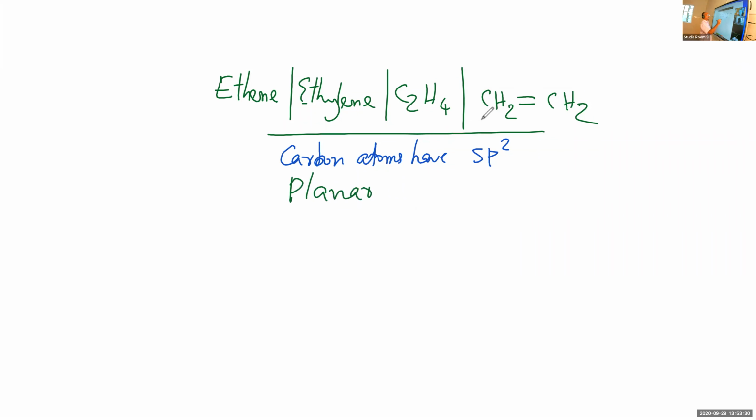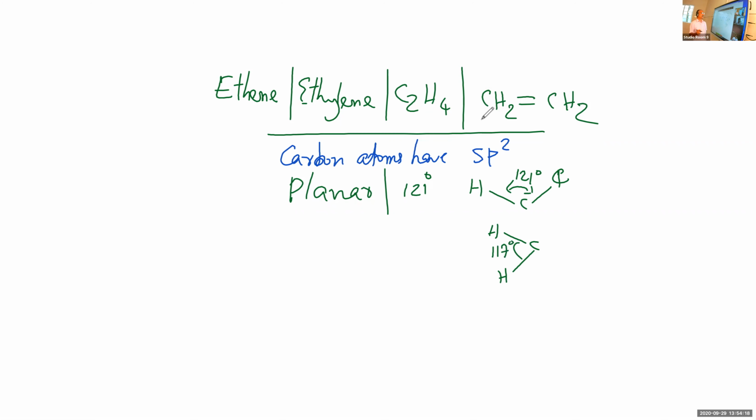The ethylene molecule is a planar molecule, and the bond angle is closer to 120 degrees. The hydrogen-carbon-carbon bond angle is 121 degrees, while the hydrogen-carbon-hydrogen bond angle is almost 117 degrees.